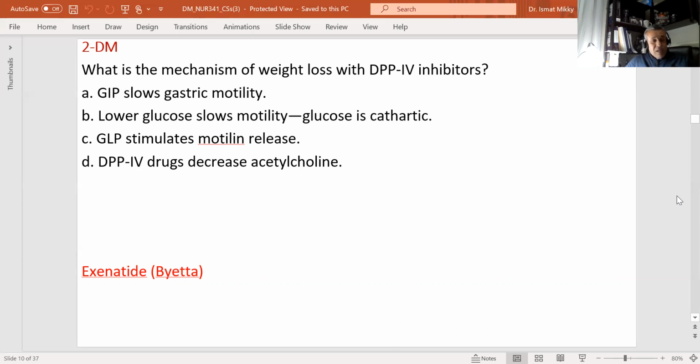The gastric motility is directly slowed by the incretins. There are other hormones we haven't covered in the endocrine system, but one of them is incretins. So the gastric motility is directly slowed by the incretins, like the GIP. GIP is one of the incretins. The old name for the GIP was the gastric inhibitory peptide.